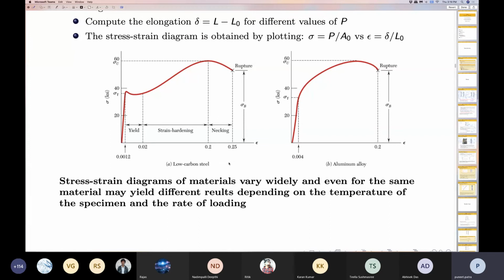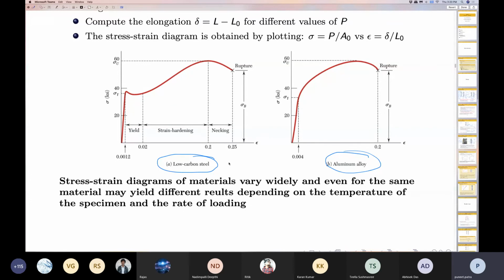Now the stress strain diagram differs between two materials. On the left hand side, you see a material which is made up of a low carbon steel, and on the right hand side, you see a material which is made up of aluminium alloy. So you see, even for metals, the stress strain diagram of two materials is going to be significantly different. But there are some features which we can extract commonly if the nature of the material is similar.